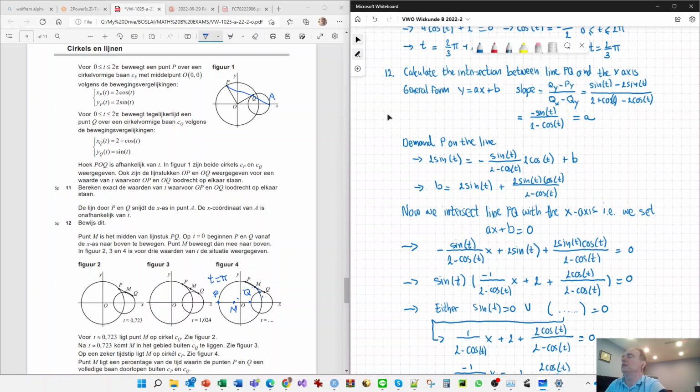So when you need to set up lines, in the previous exercise I just used the slope-intercept form of a line, which almost always works.